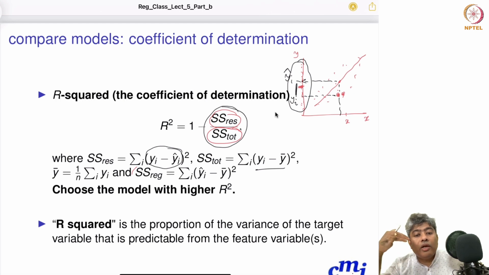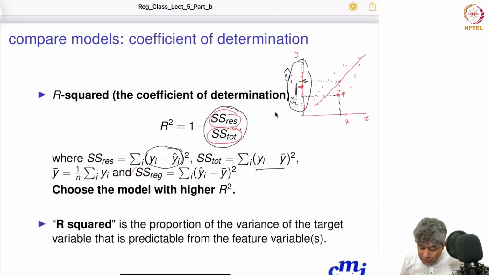Of course, the higher the R square, the better the model's predictive accuracy is. So of course, the model with the higher R square, we will choose that model.